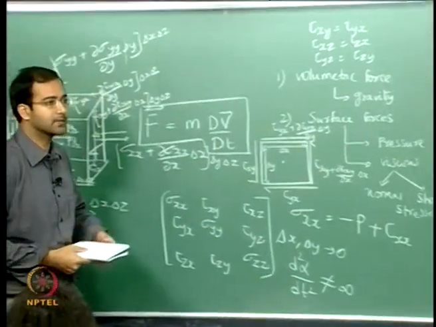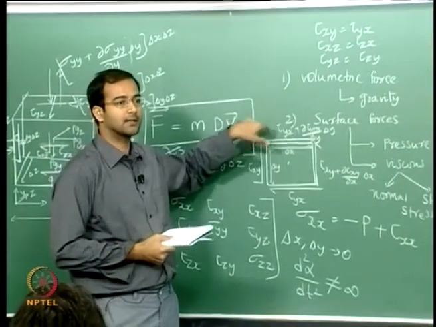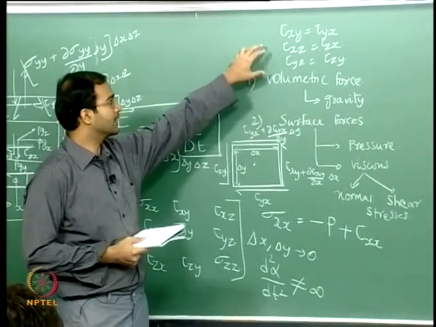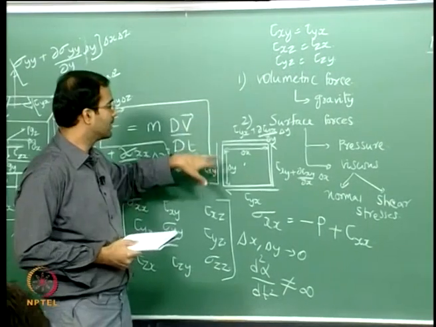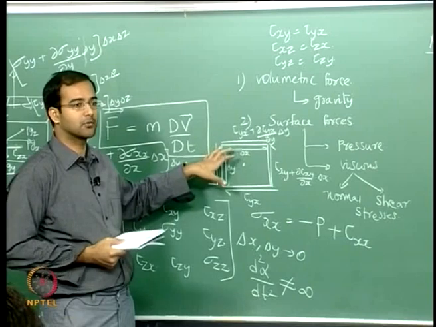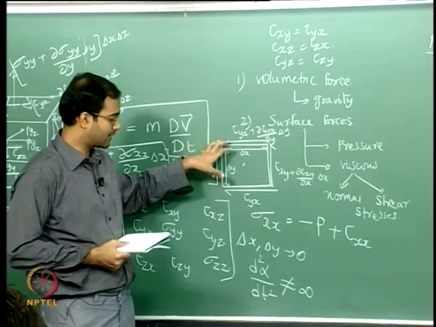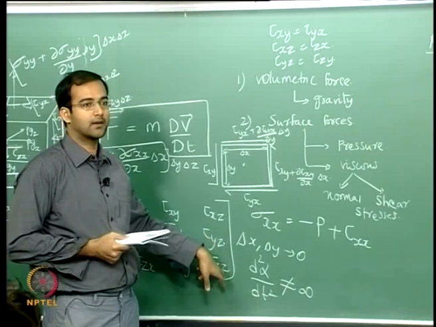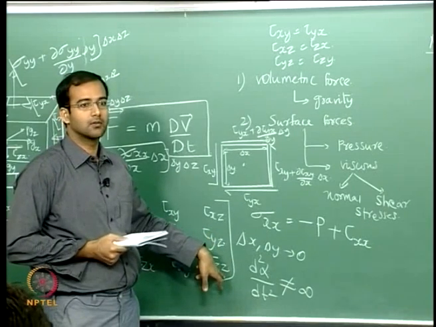So this condition can be satisfied only if there is no imbalance in these forces. Only if your tau xy is equal to tau yx, there will not be any imbalance which will rotate the fluid motion. Okay, and therefore at the limiting case where delta x and delta y become a point, the angular acceleration shouldn't go to infinity.